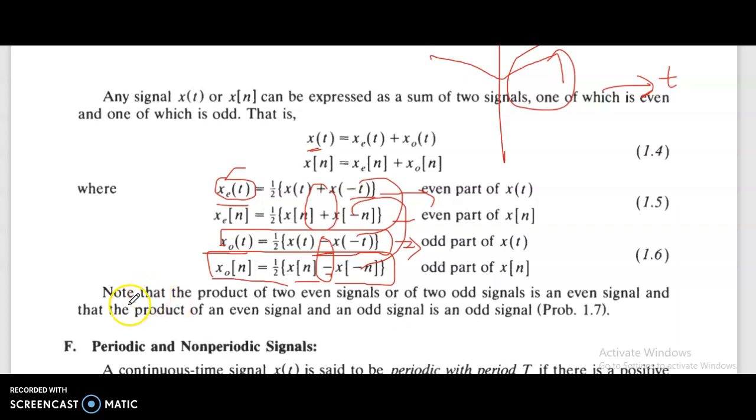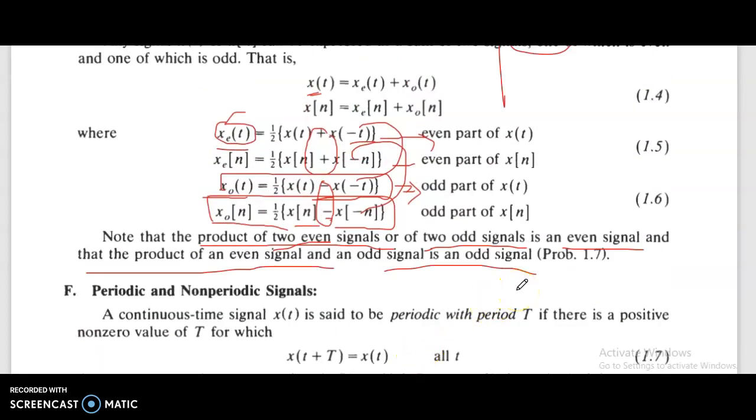So note that the product of two even signals or two odd signals is an even signal, and that the product of an even signal and an odd signal is an odd signal.